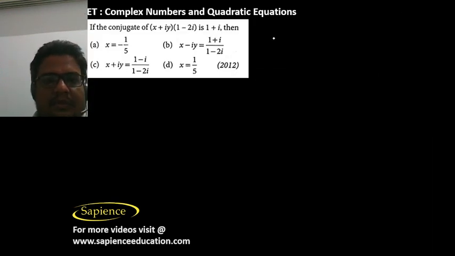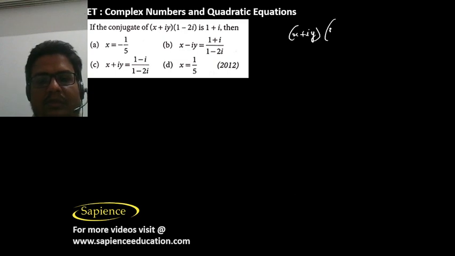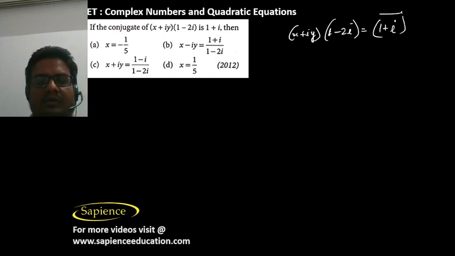Then here it is told, if the conjugate of x plus iy into 1 minus 2i is equal to 1 minus I, with the conjugate of this. So the conjugate of this, the whole bar of this, will be equal to this also. Since if z1 bar equals z2, then z1 will be equal to z2 bar.